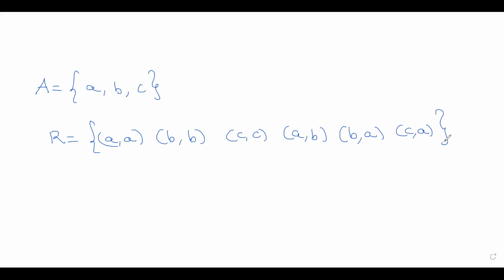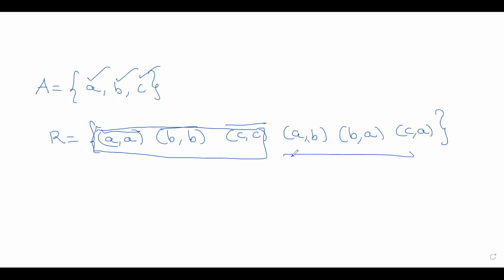You first check if there are doublets for every element of A, whether they are present in R. Is it there? Yes, it is there. Don't worry about other elements which are coming up. You don't have to check any other element. For every element of A, if you can see the doublet, then it is reflexive. Clear?